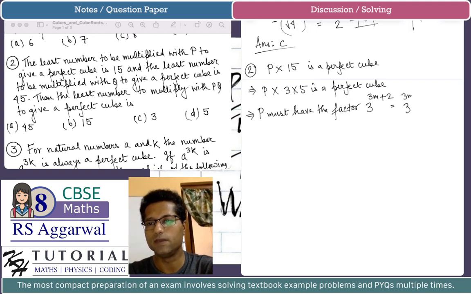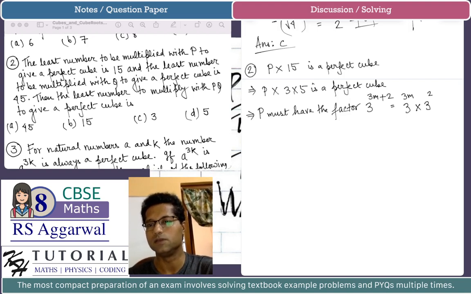This is nothing but 3 to the power 3m, which may contain any number of triplets of 3, and it must have 3 square, that is two 3s as factors which are not part of any triplet. Hence when we multiply with 15, we get a 3 from 15.